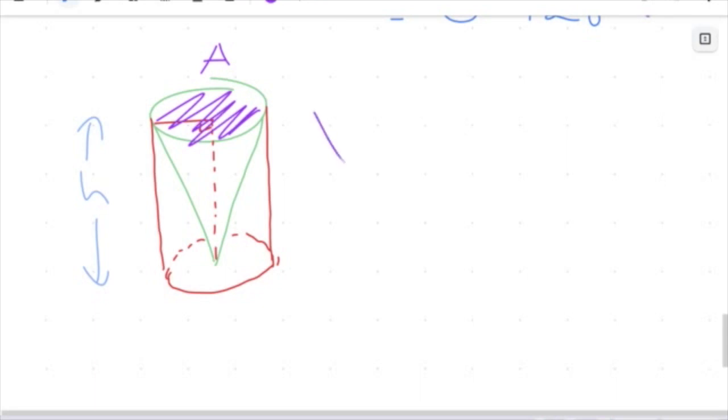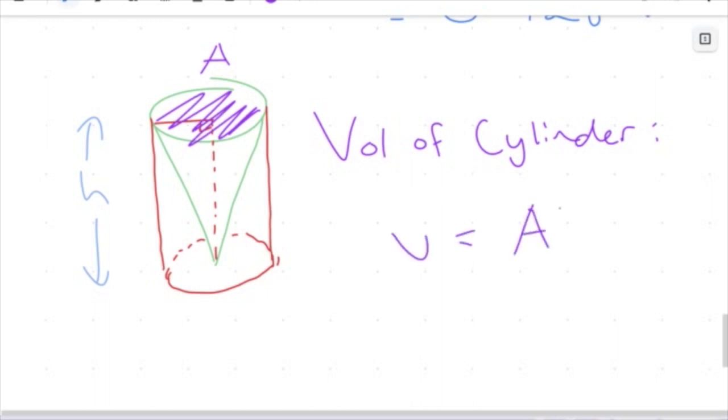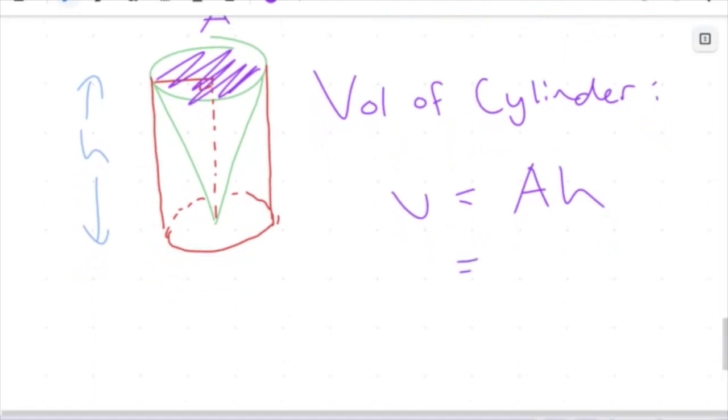So the volume of my cylinder is my cross-sectional area times the height, or I can write this as pi r squared times h, because the cross-sectional area of a cylinder is always a circle, whose area is pi r squared.